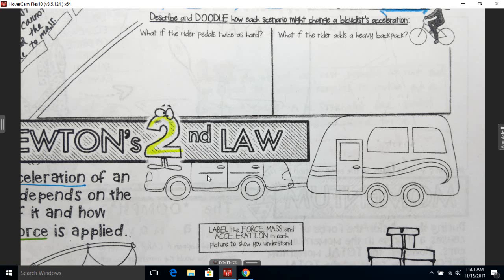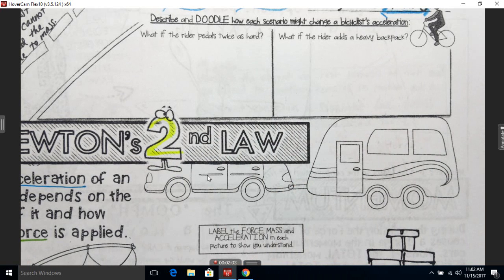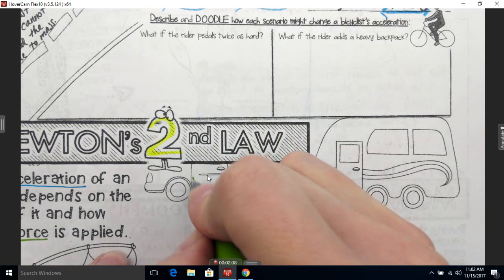Acceleration is not the car. Where am I putting the word acceleration? Let's do acceleration last. Do the other two, and it'll make a little more sense. Where does the force go? Where is this going to get its newtons? From the car. The car is the force.